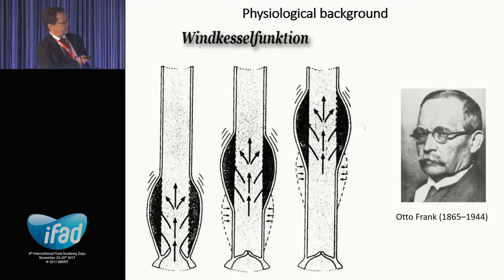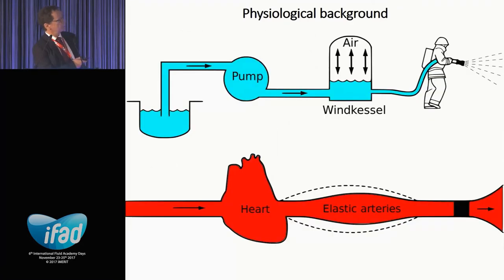This is Otto Frank, a German physiologist who already described this Windkessel function, which is a German word. It's describing the elasticity of the aorta when the heart ejects its stroke volume. And this is also found here.